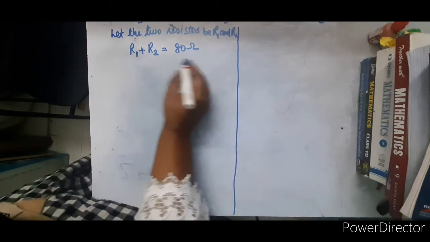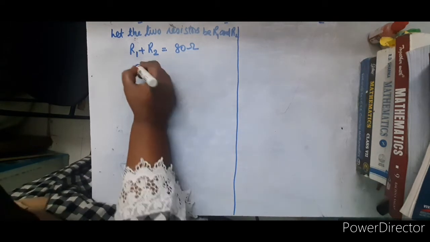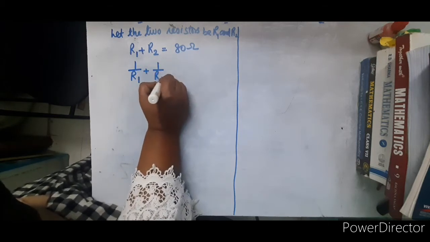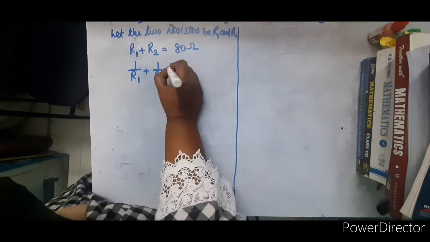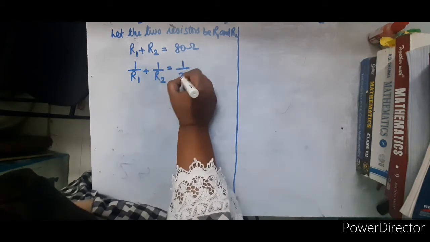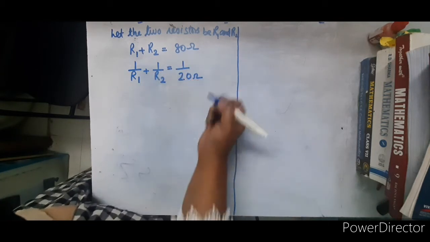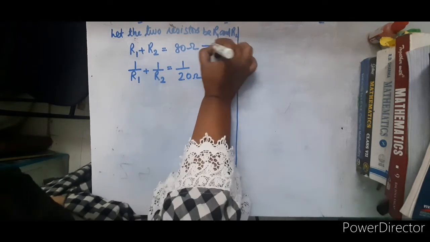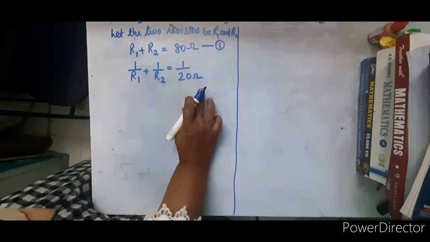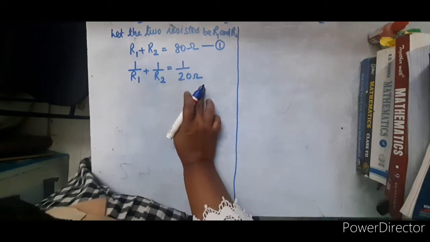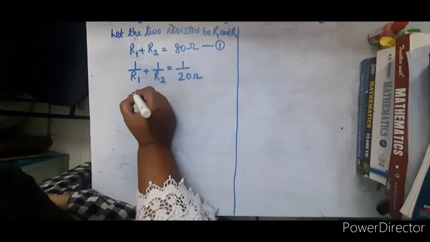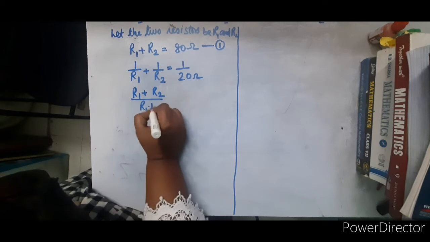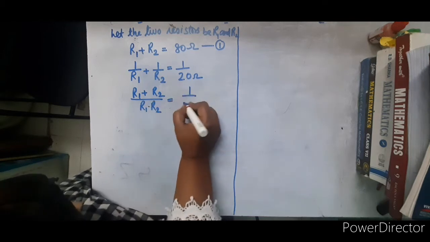In the same way, if these two resistors are connected in parallel combination, the equivalent resistance would be 20 ohms. So this is given. Here, if this is equation 1, the second condition given is, if I cross multiply this, R1 plus R2 upon R1 into R2 equal to 1 upon 20.